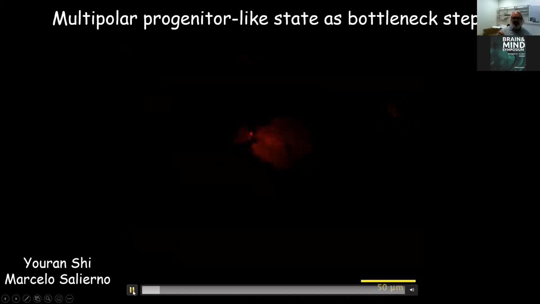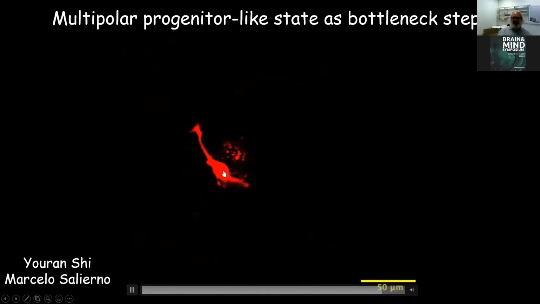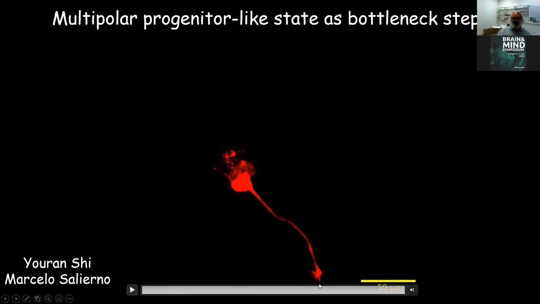And in this case, you see that a cell is first dividing in this process, and then at some point, while one cell dies, the other cell starts to exhibit a morphology that is reminiscent of multipolar progenitor cells, before the cell then starts to send a process that could be an axon-like process and turns into a neuron.